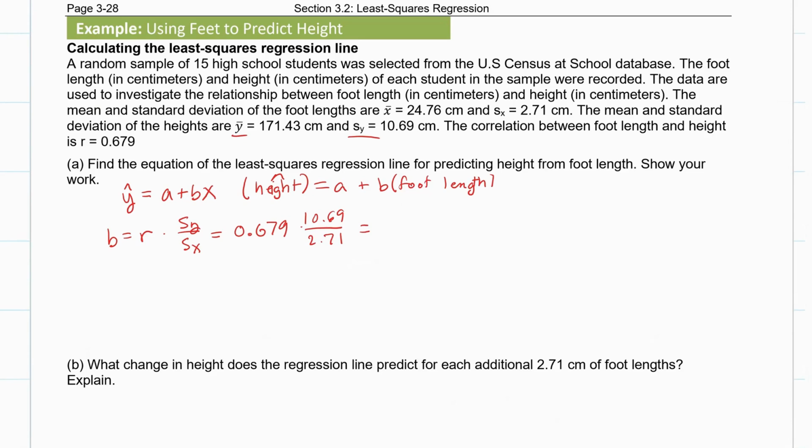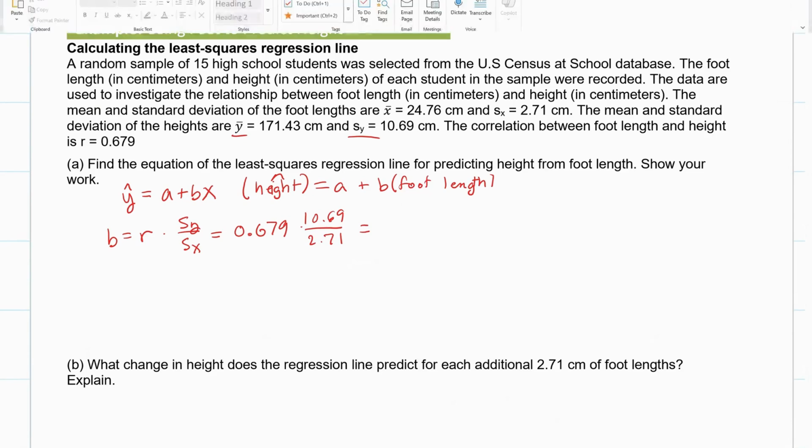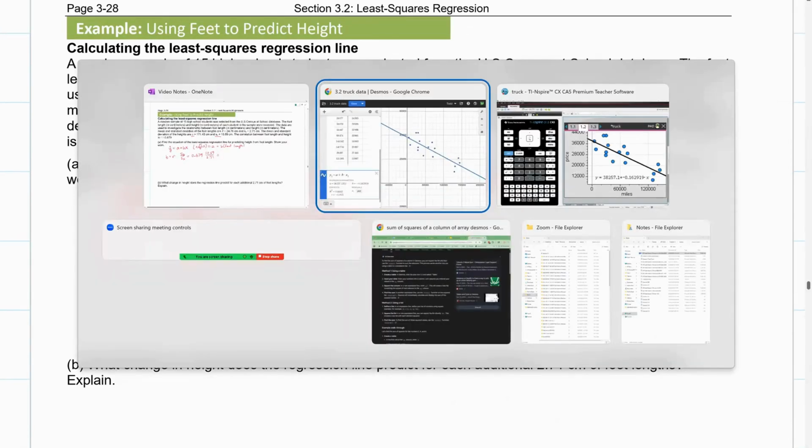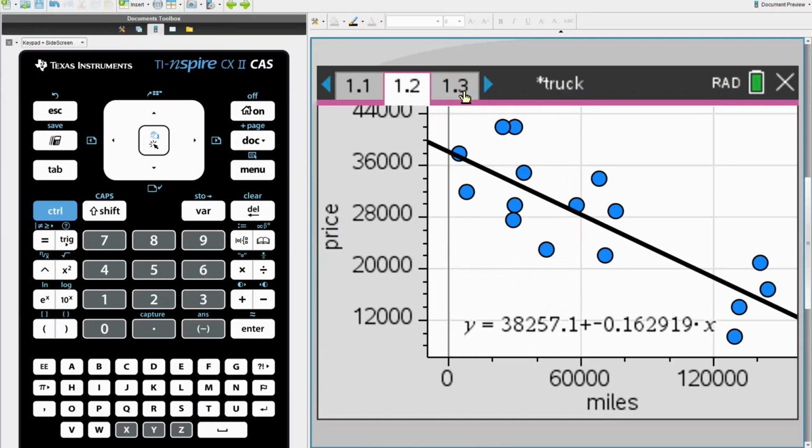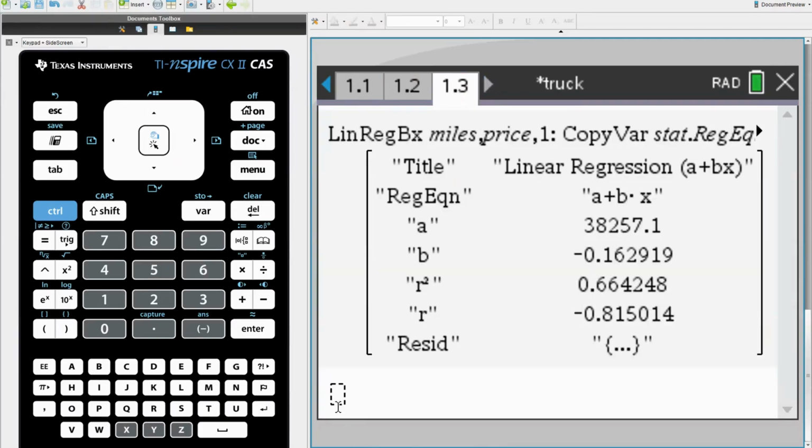And if we go to our calculator, and I'll want to be on a calculator page, I can do that calculation, 0.679.